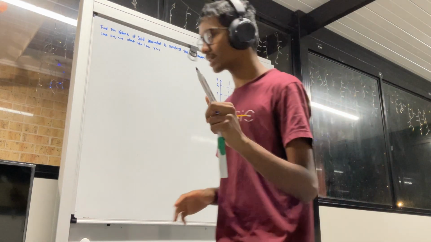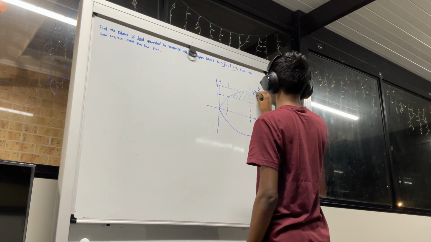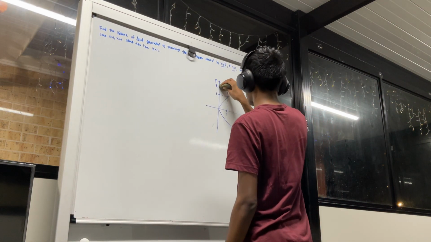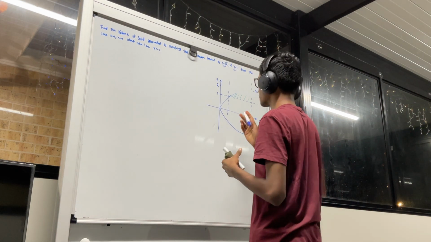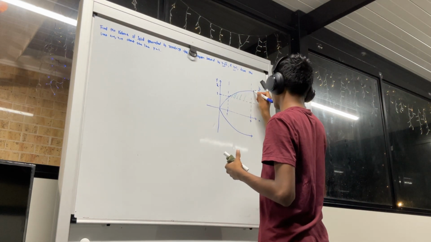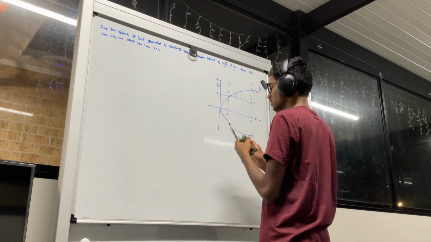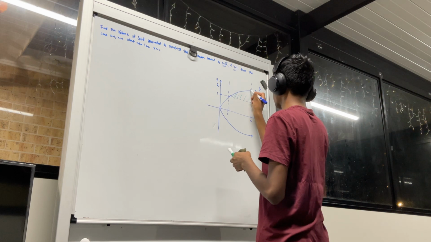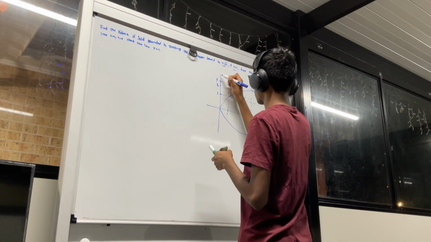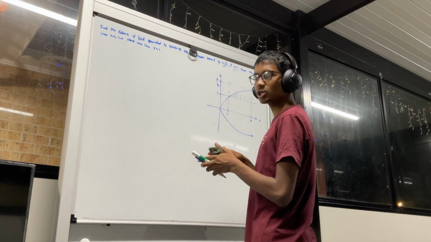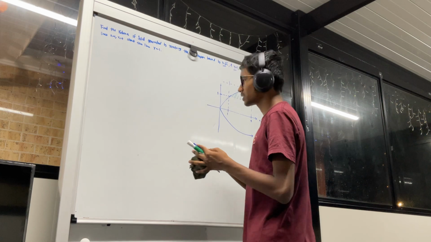No. That's a bad drawing. Let me redraw it. Let's make it at least appealing to look at. And let y equals 2 be somewhere like here. Not really a big change, but only to make the simplification process easier.